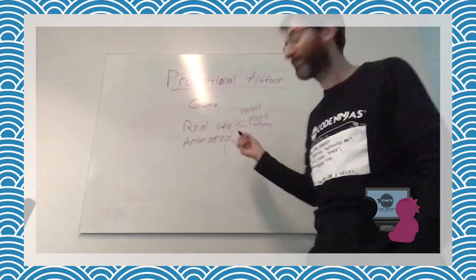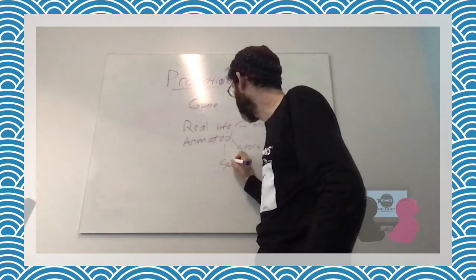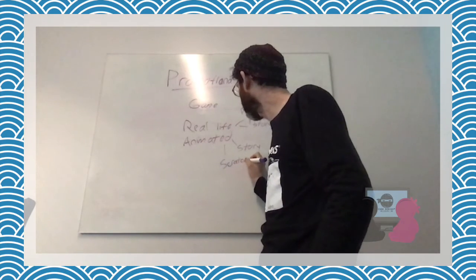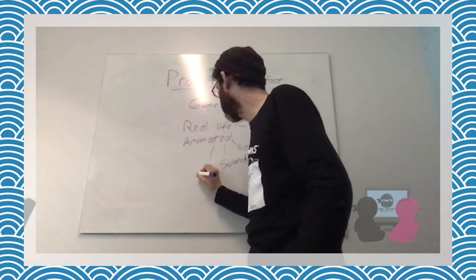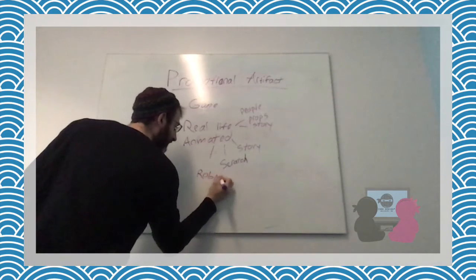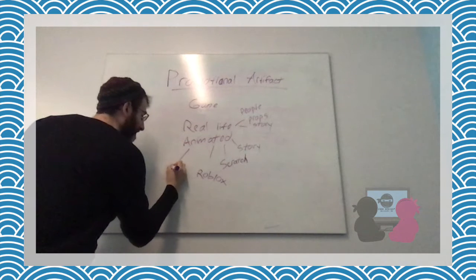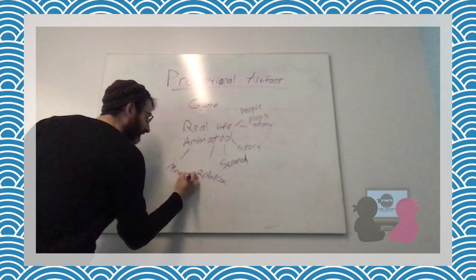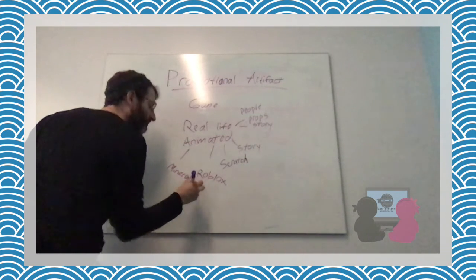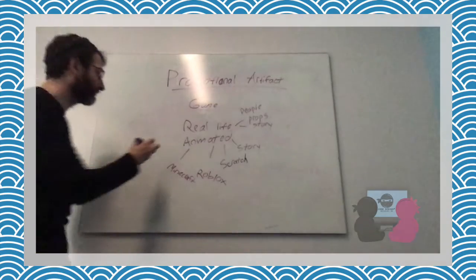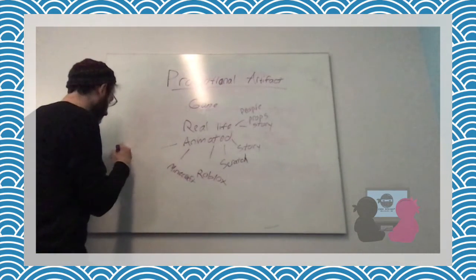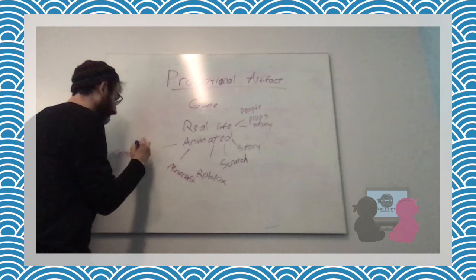You don't have access to people, so it might be Scratch. Maybe you decide you're going to use Roblox, maybe Minecraft to tell your story. Or you could even use some game footage if you already have the game built.